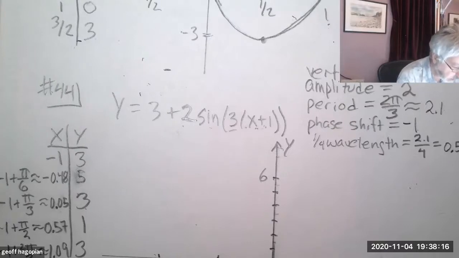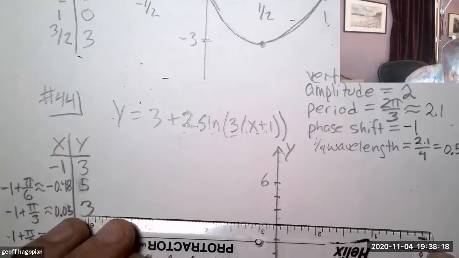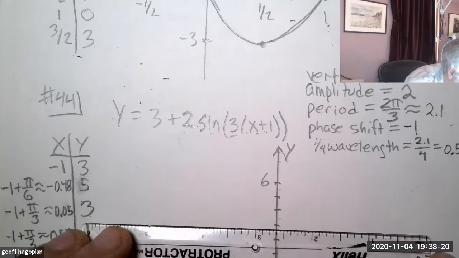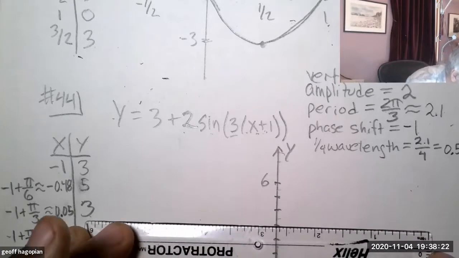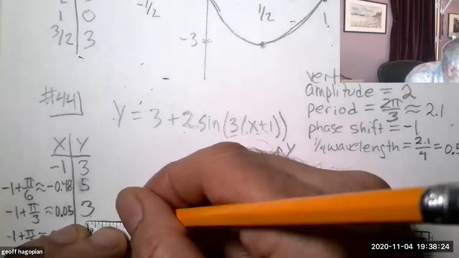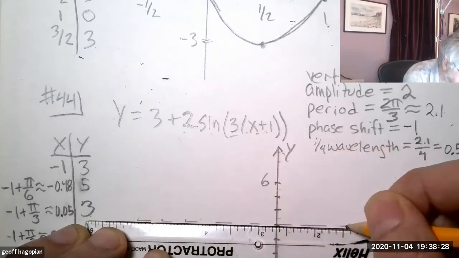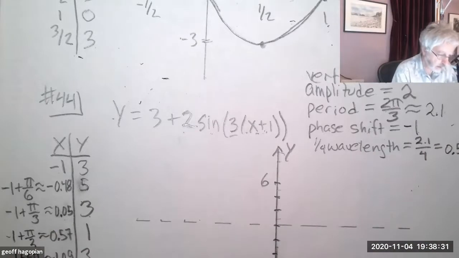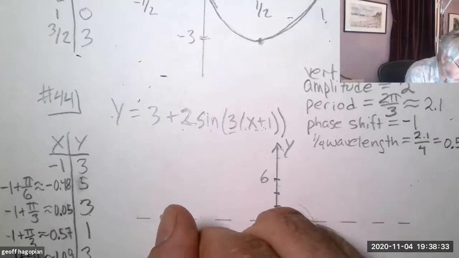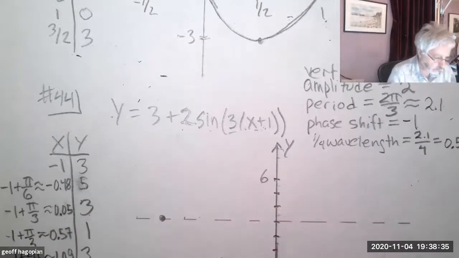So let's sketch in the line of equilibrium, which is 2, 3. Okay, I'm going to make it a dashed line here, like this. And so we're starting here at equilibrium, -1, 3, right?